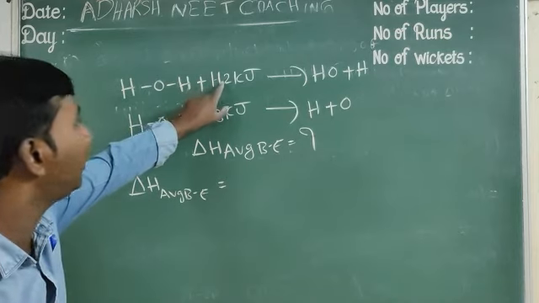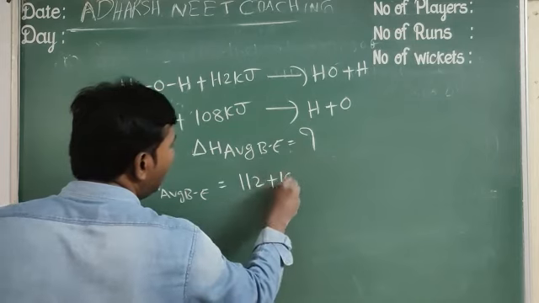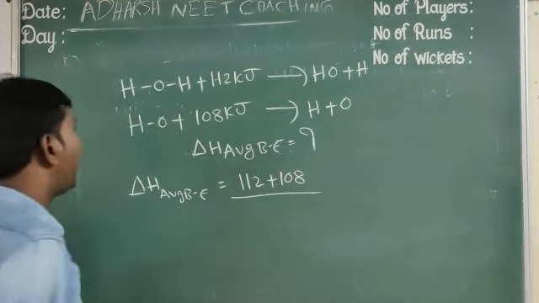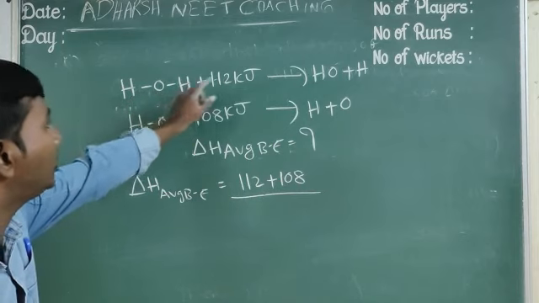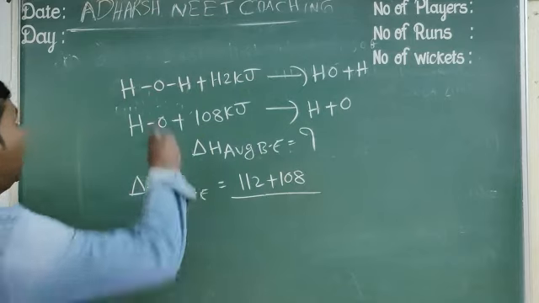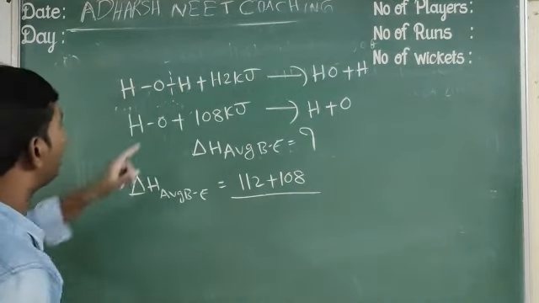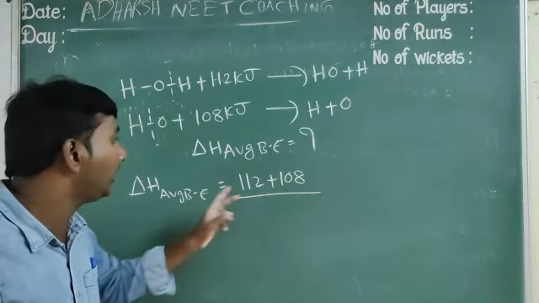Total energy is 112 plus 108. Here, between HO and H, one bond is breaking. Here, between H and O, this bond is breaking, one bond. Total bonds dissociated is 2.